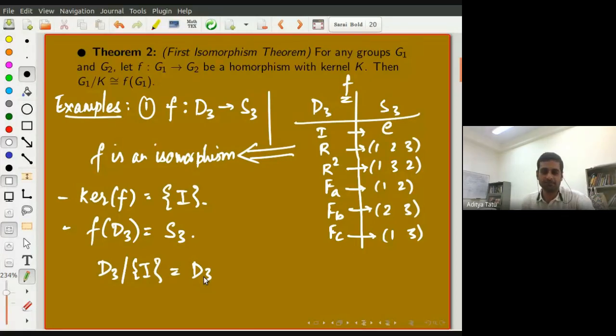It's like, again, carrying forward the analogy between integer division and quotient groups. And this is like division by 1. Okay, so it doesn't really give you anything. It's the same number. Okay, so this is D3 and D3 is isomorphic to S3 using this function F. Any doubts in this example?